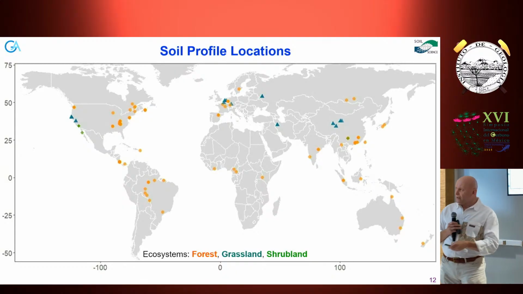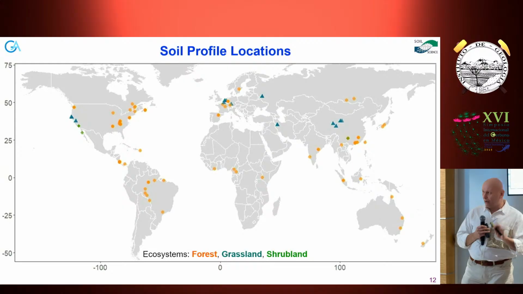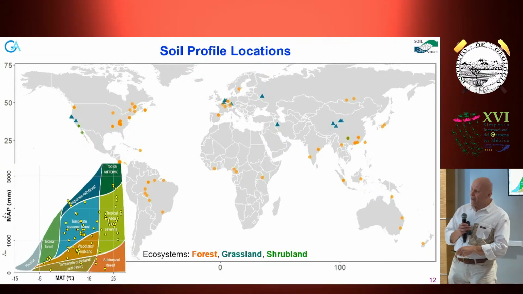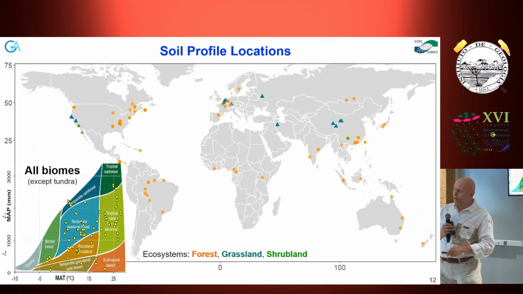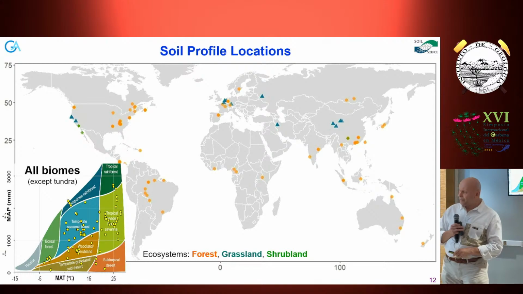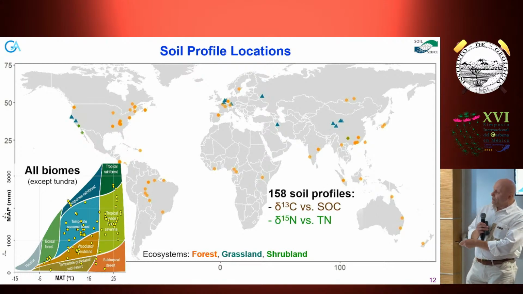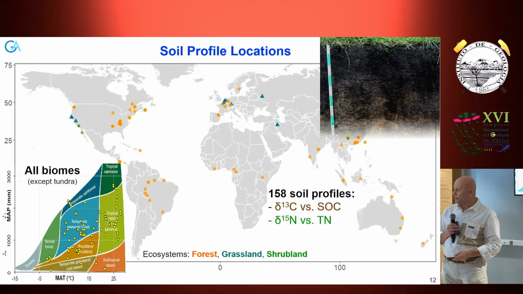So we collected data from literature. These are not our data, from various parts of the world for forest, grassland, and shrubland, and actually they are located in all biomes except tundra. And then it was about 150 soil profiles with isotopic composition and soil organic carbon and isotopic composition of nitrogen and total nitrogen.